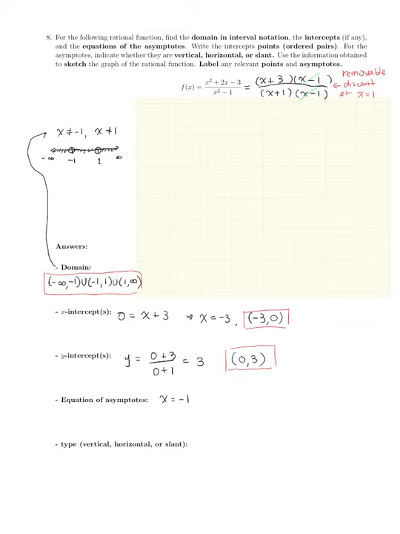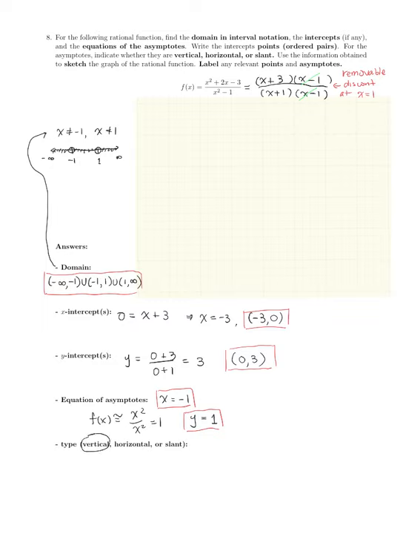Also notice that the leading coefficient on the numerator is 1, and the denominator's leading coefficient is also 1. So basically f of x behaves just like x squared over x squared, which equals 1. So we're going to have a horizontal asymptote at y equals 1. Let me just box this. So that's the vertical, and this is the horizontal.